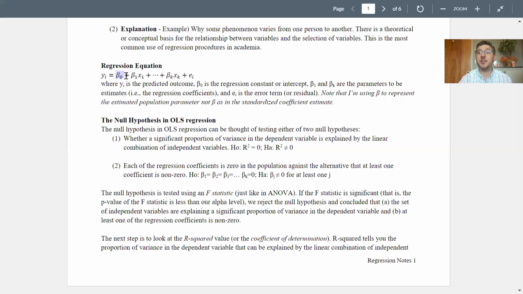Beta naught here is the y-intercept or the regression constant. If you think about it on a Cartesian plane, it's the point where it crosses the y-axis. These other betas, so B1, would be the coefficient for this first variable, x1. And then the e here are your error terms, or the residuals from the model.